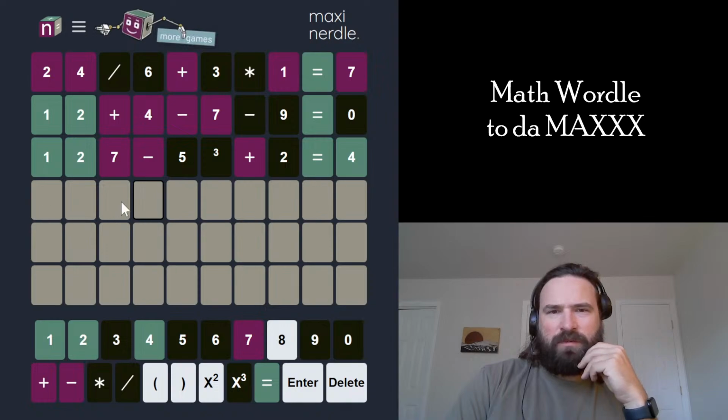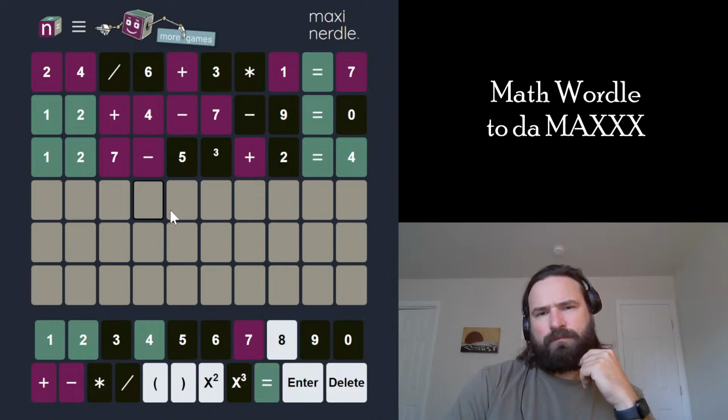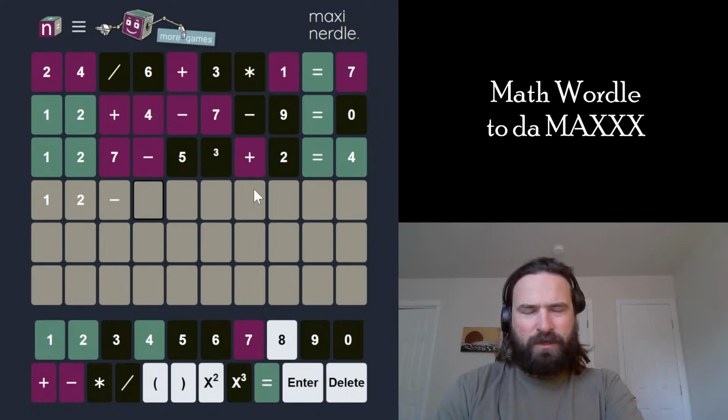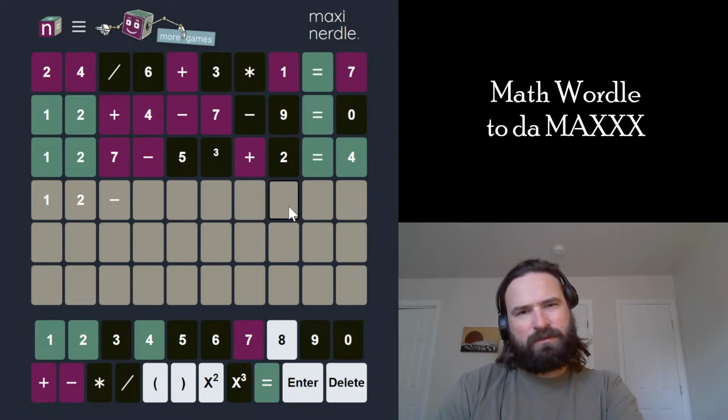So it's either a triple digit and then I have to add something, which isn't possible, I don't think, at this point. So I don't think it can be a triple digit. I think it has to be 12 minus something. 12 minus, and then I can probably just add 12. No, because okay, so this can't be an addition or subtraction sign either now.